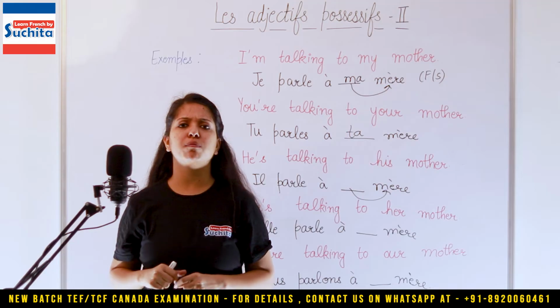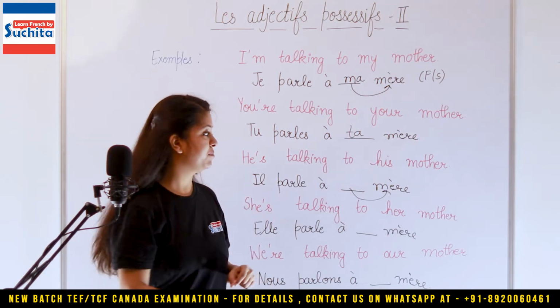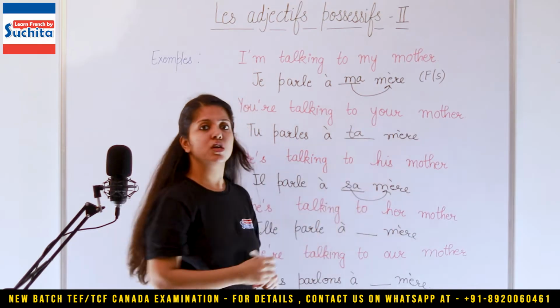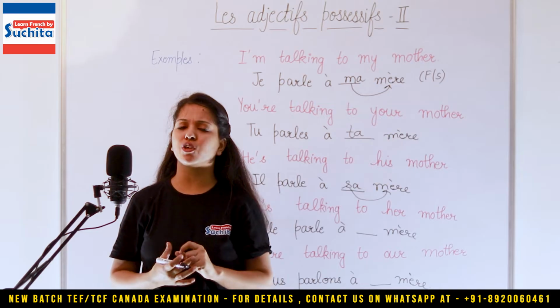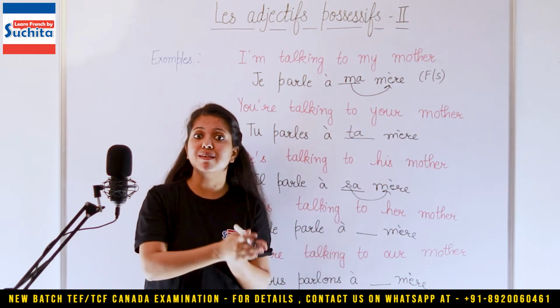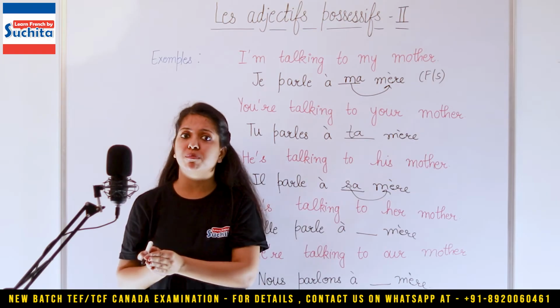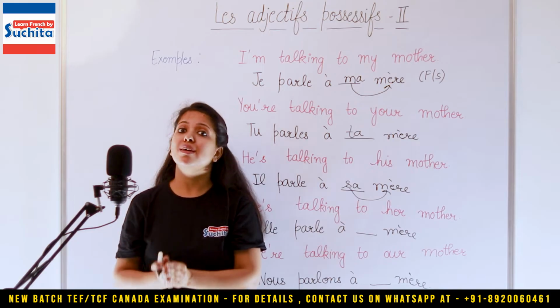So just see in the column of féminin singulier, you have sa. A lot of people confuse it, thinking that sa is in féminin singulier so sa means her. No, dear. Sa can mean his or her or its, all of them. So il parle à sa mère means he is talking to his mother.